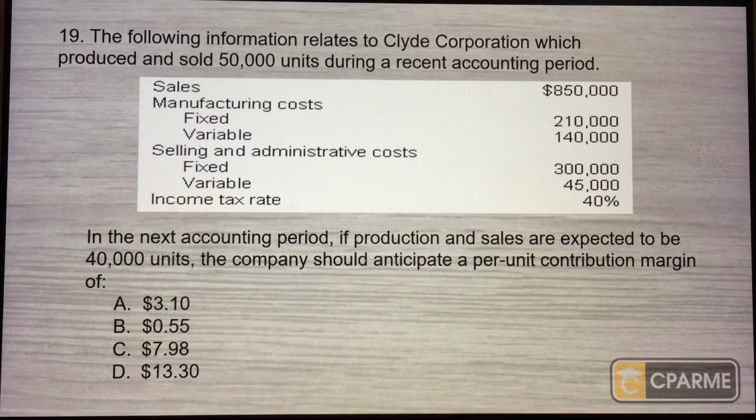In the next accounting period, if production and sales are expected to be 40,000 units, the company should anticipate a per unit contribution margin of... I think we haven't discussed contribution margin and how we could get it in section B, but I believe that we already discussed this in section C, wherein contribution margin arrives from deducting all the variable expenses from sales.